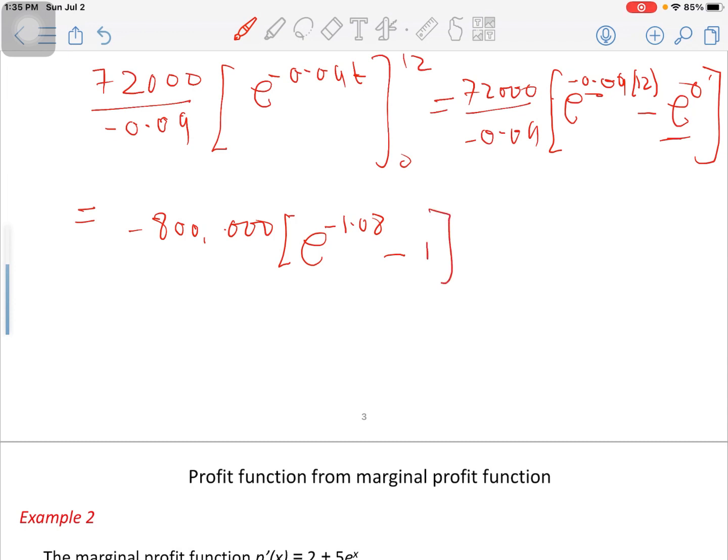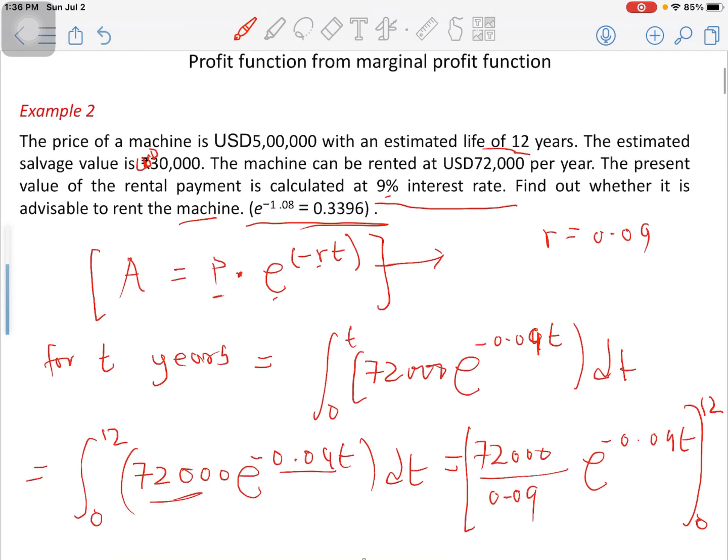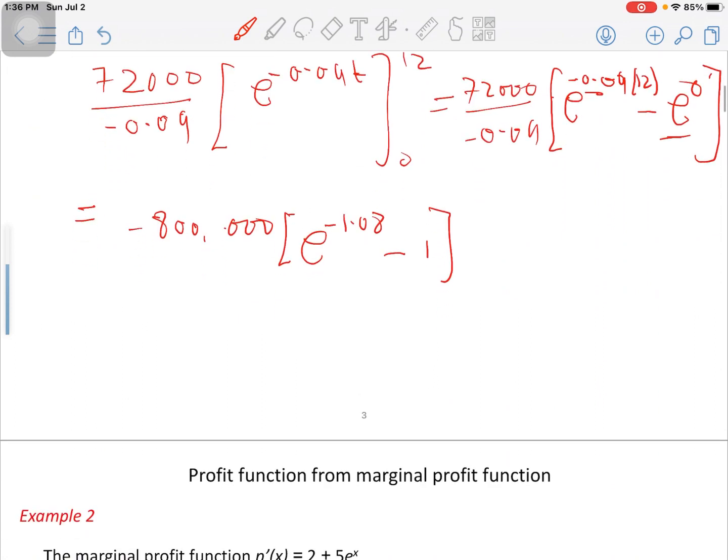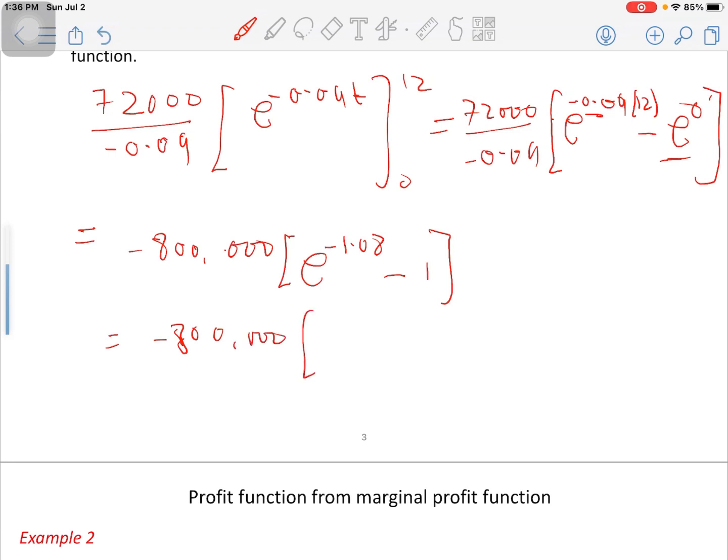But remember in the question that we were given the value of e to the power negative 1.08, which is 0.3396. And therefore we can do the substitution, which is equal to negative 800,000 over here, and then we are going to get 0.3396 minus 1.